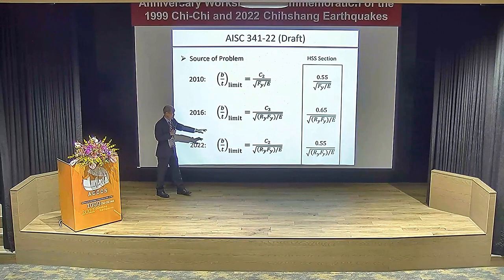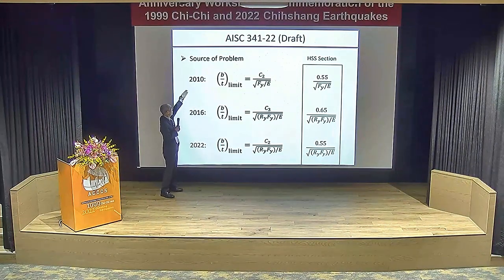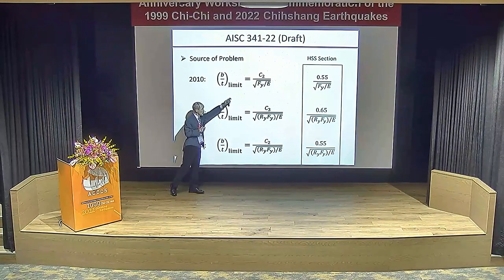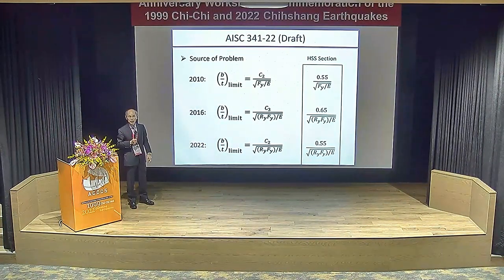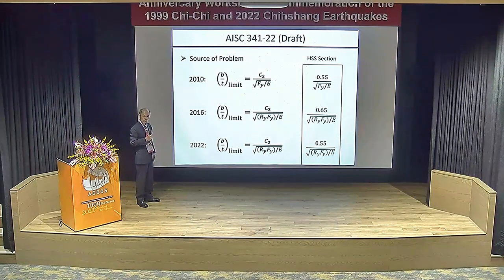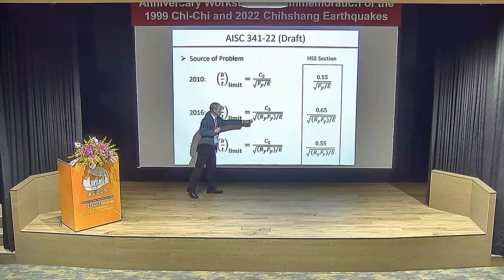Also, from 2010 to 2016, in that conversion there was a problem. For example, in diagonal braces, if you use double angles, the RY is 1.1. If you use HSS, it's 1.4. Now we use 1.3, depending on what grade of steel you use. So they had to make a decision in doing that conversion.